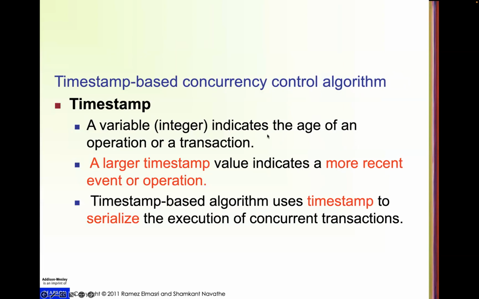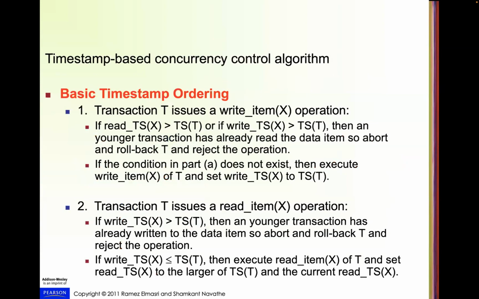So for example, you have a transaction T1, its age can be the time when it was started. A larger timestamp value indicates that the operation or the event is the more recent event. The timestamp-based algorithm uses time values to serialize the execution of concurrent access.